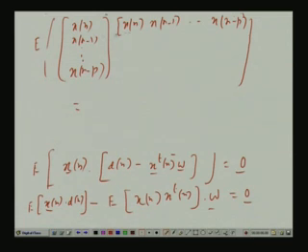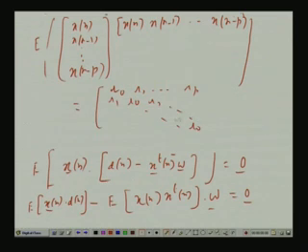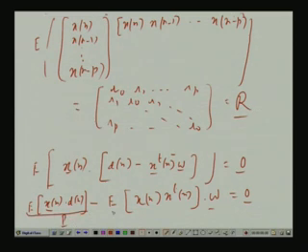Then x n into x n minus 1, expected value r 1, up to r p. Again x n minus 1 into x n, expected value, lag is 1, so r 1. So, what you get is something like this, r 0, r 1, up to r p. This matrix is symmetric. Something like this, and this is called R, the input correlation matrix. So, this is the P vector, this is the R matrix.